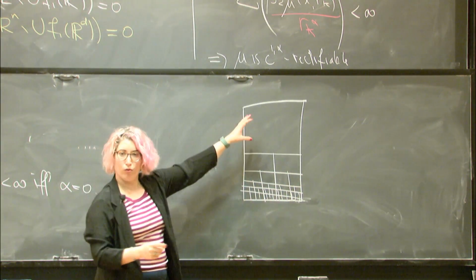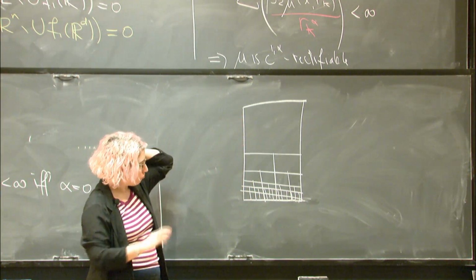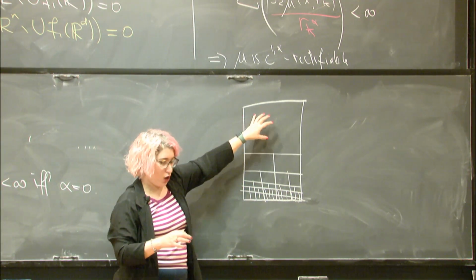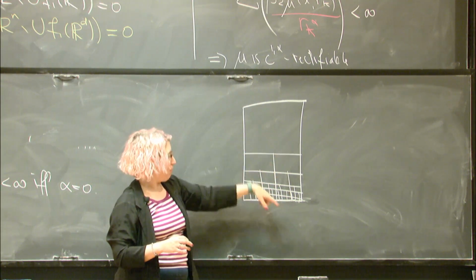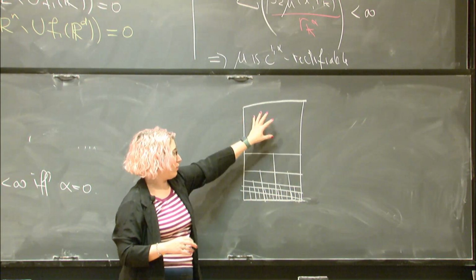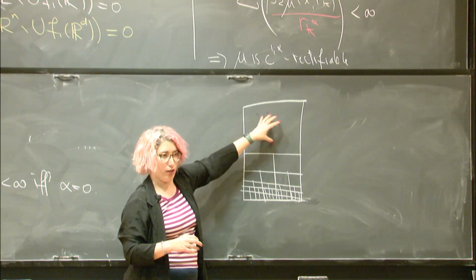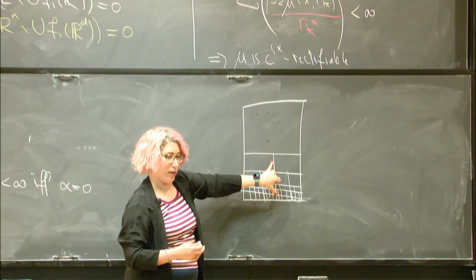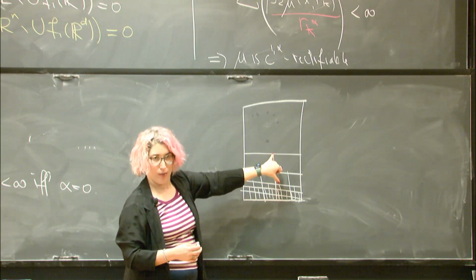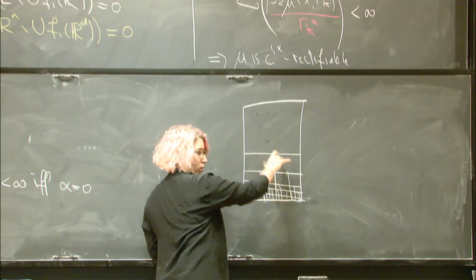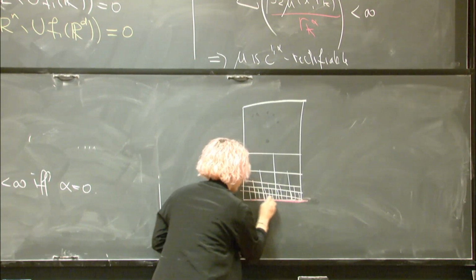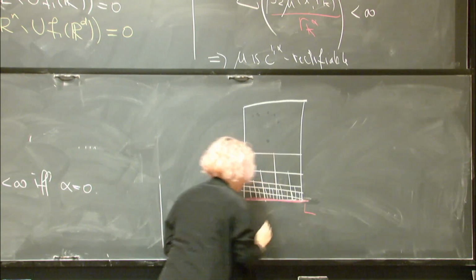If you don't know, just very briefly, it is a decomposition of the complement of this set in this box, so that each cube has the same distance from my set as its diameter. So this is diameter 1. And my set, let me draw it in red, I'm going to call it L.